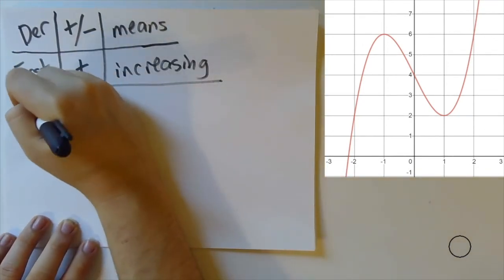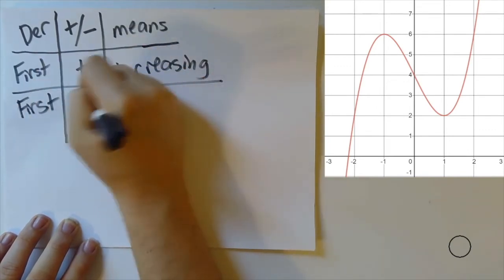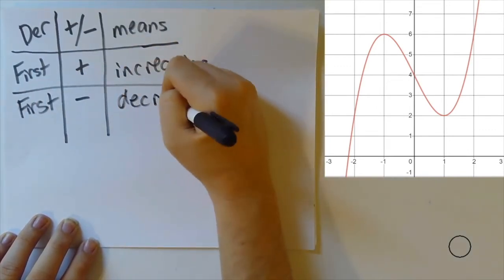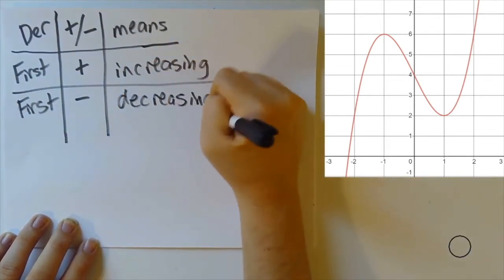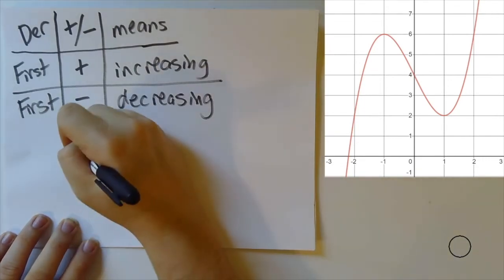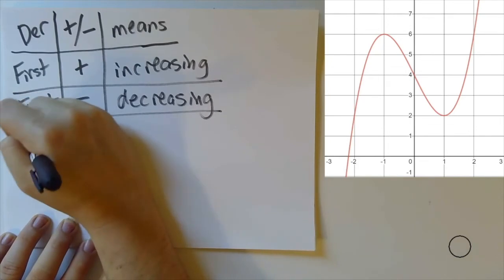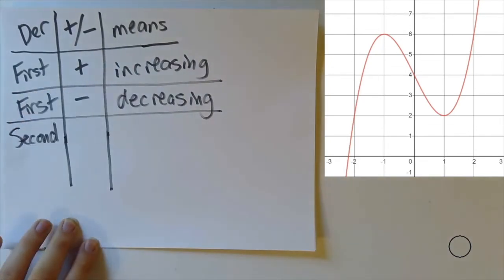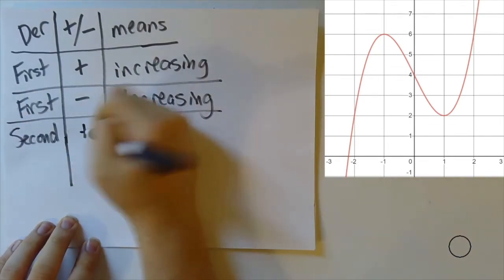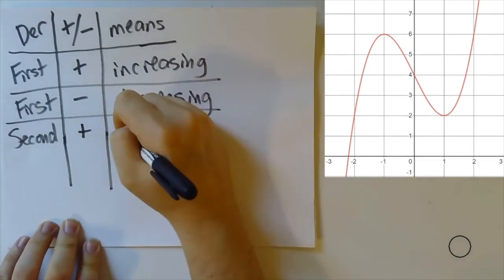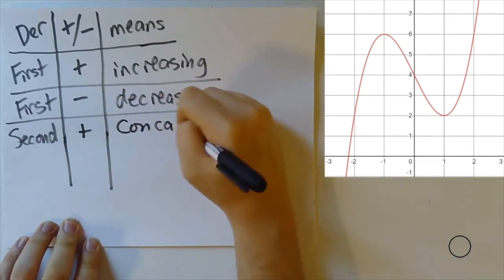First derivative negative means decreasing. Likewise, the second derivative positive, this is the new part, means concave up or bends up.